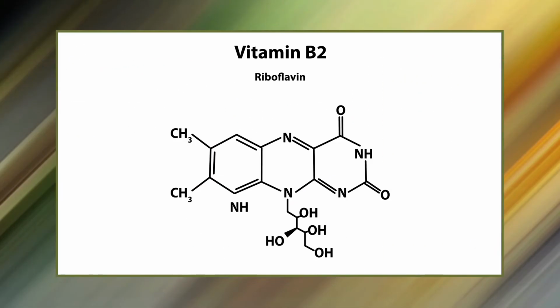Riboflavin is known as vitamin B2. FAD is produced from FMN by reaction with AMP, that is adenosine monophosphate. In contrast to NAD+ and NADP+, both FMN and FAD are covalently bound to the enzymes as prosthetic groups.